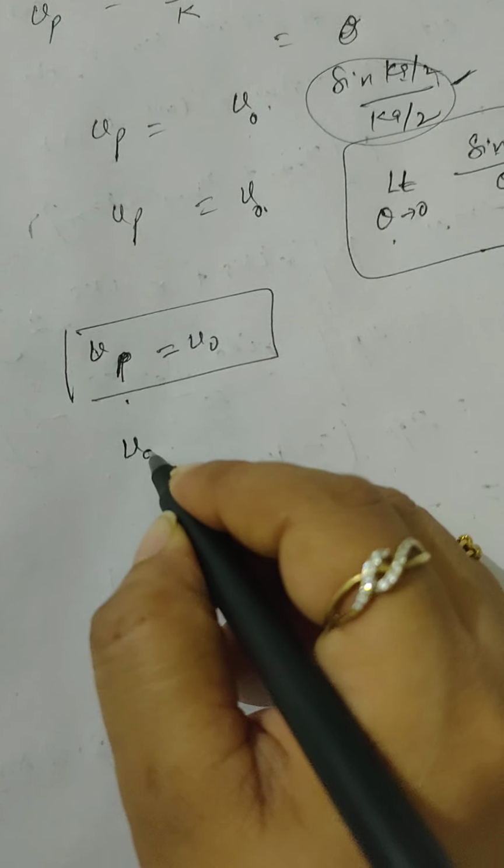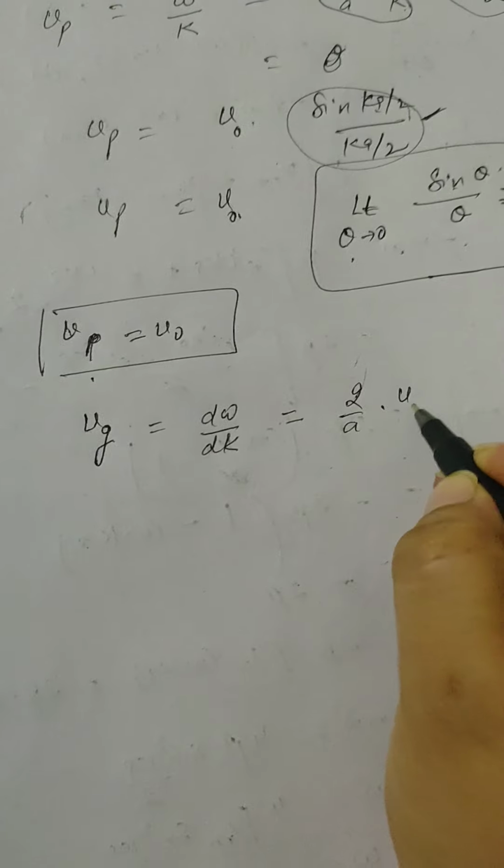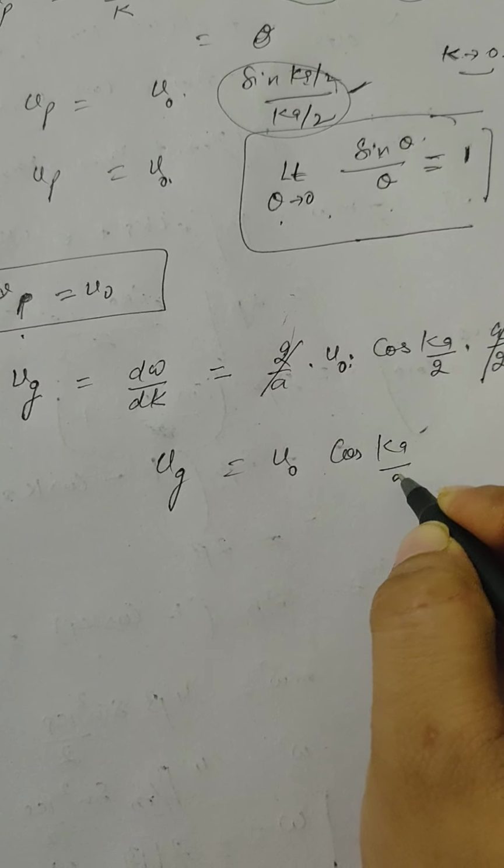Similarly, for vg, which is equal to d omega by dk, I take the differentiation: 2 by a v naught sine theta, where the differentiation of sine theta is cos theta, and the differentiation of the angle ka by 2 gives a factor that works out to 1. So vg is equal to v naught cos ka by 2.